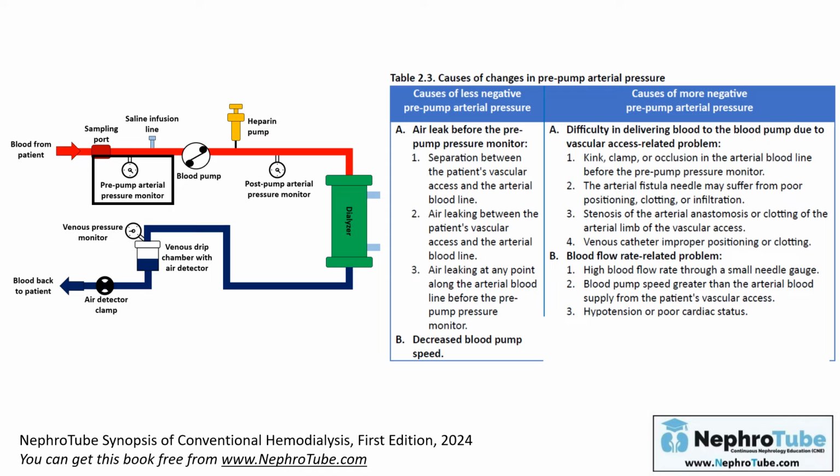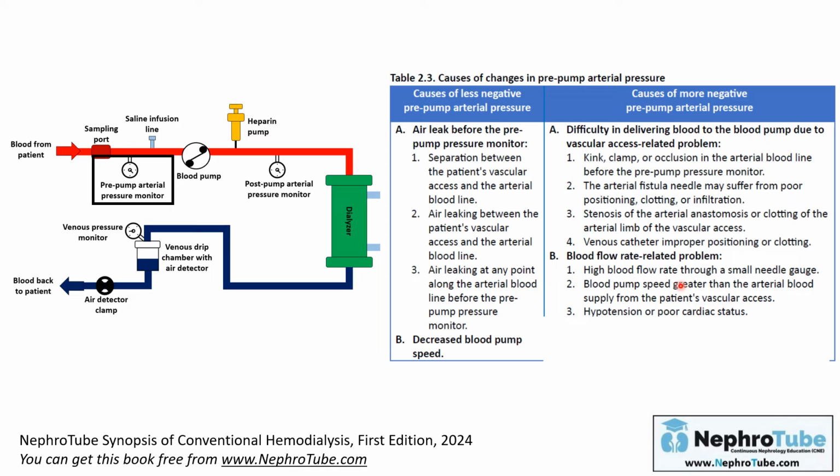Another cause that may lead to more negative pre-pump arterial blood pressure is using a small gauge needle in the vascular access with a high blood flow rate.